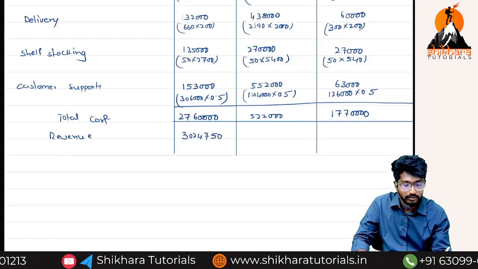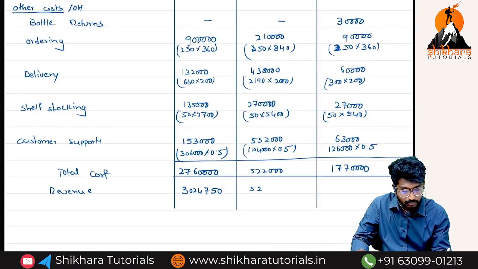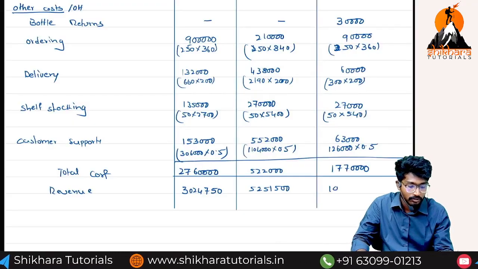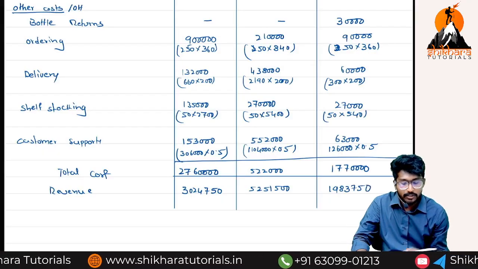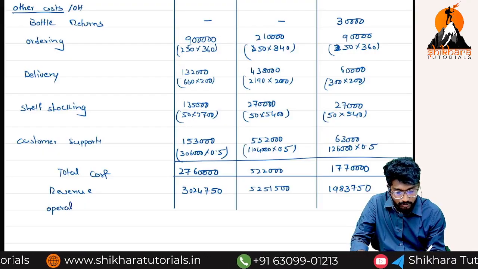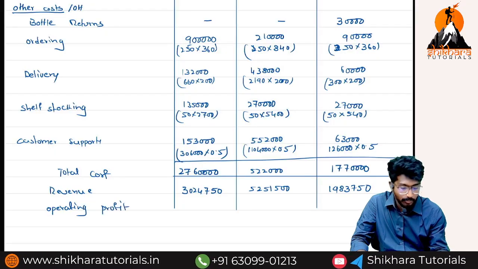Next, for 51,500. This is revenue. Now operating profit. What is our operating profit?